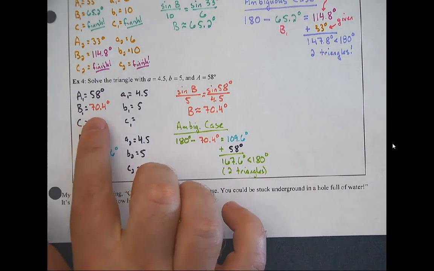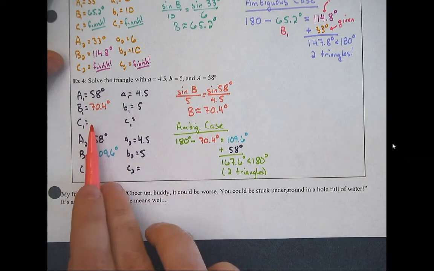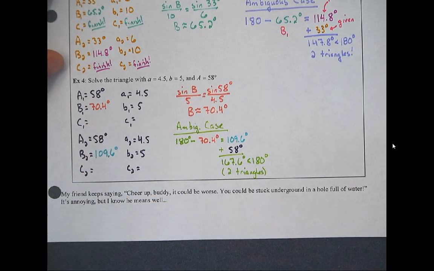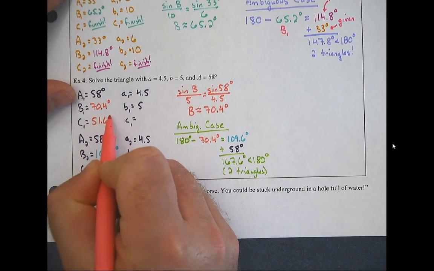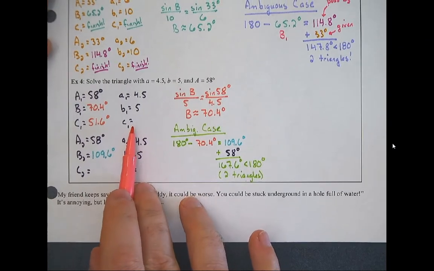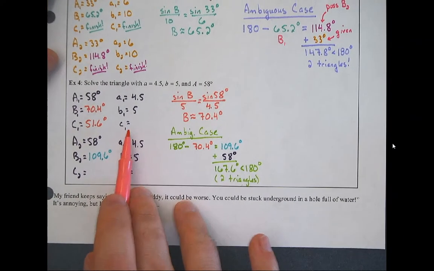So if I go back up to the first triangle, I would then do 180 minus 58 minus 70.4, which ends up being 51.6 degrees. Then I would set up a law of sines to find C sub 1.